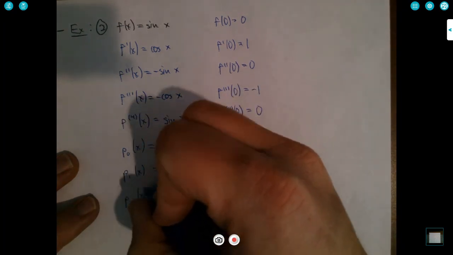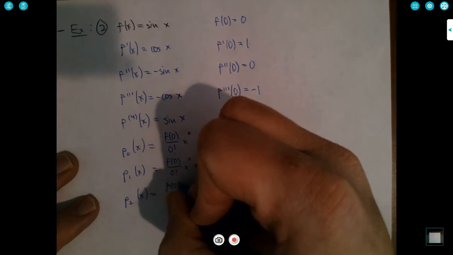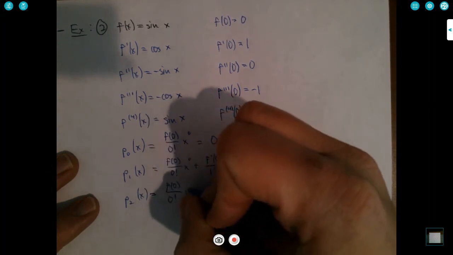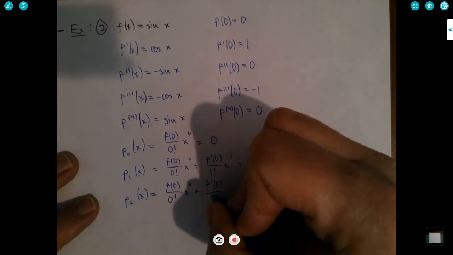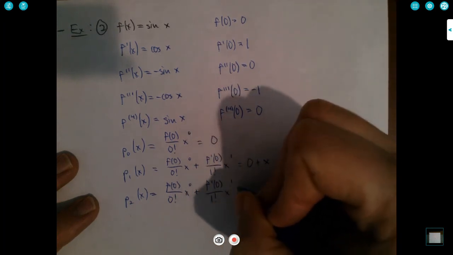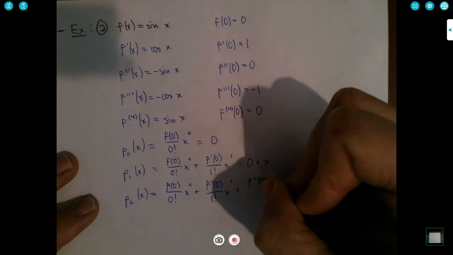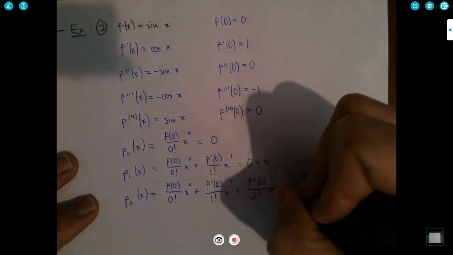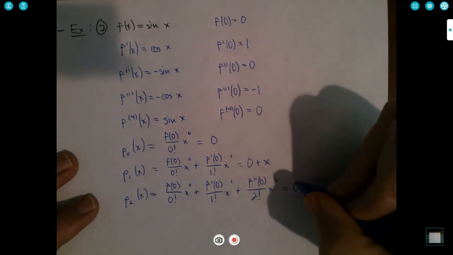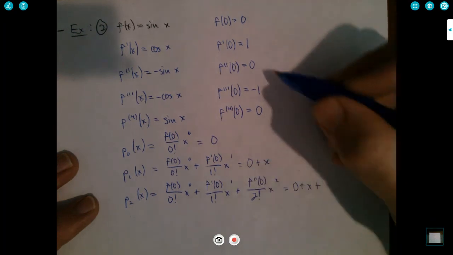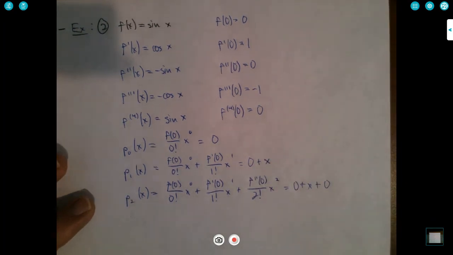P2 is f of 0 over 0 factorial x to the 0 plus f prime of 0 over 1 factorial x to the first plus f double prime of 0 over 2 factorial times x squared. That's going to be 0 plus x plus, f double prime of 0 was 0 again.